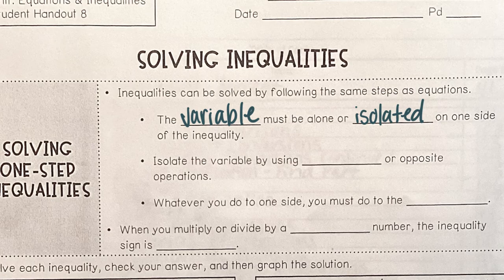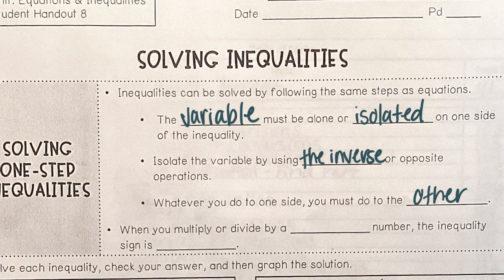We're going to isolate the variable by using the inverse or opposite operations. And then for step number 3, whatever we do to one side, we must also do to the other side. So it's really the exact same steps when solving algebraic equations.